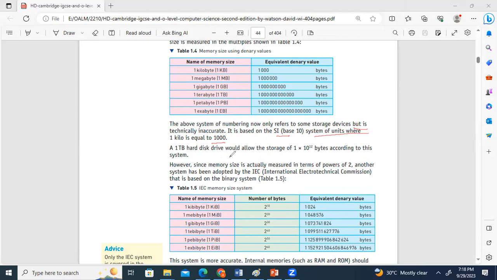A 1 terabyte hard disk drive would allow the storage of 1 times 10 to the power 12 bytes according to this system. However, since memory size is actually measured in terms of powers of 2, another system has been adopted by the IEC, the International Electrotechnical Commission, which is based on the binary system, as given in the table. Here you can see it in a table.